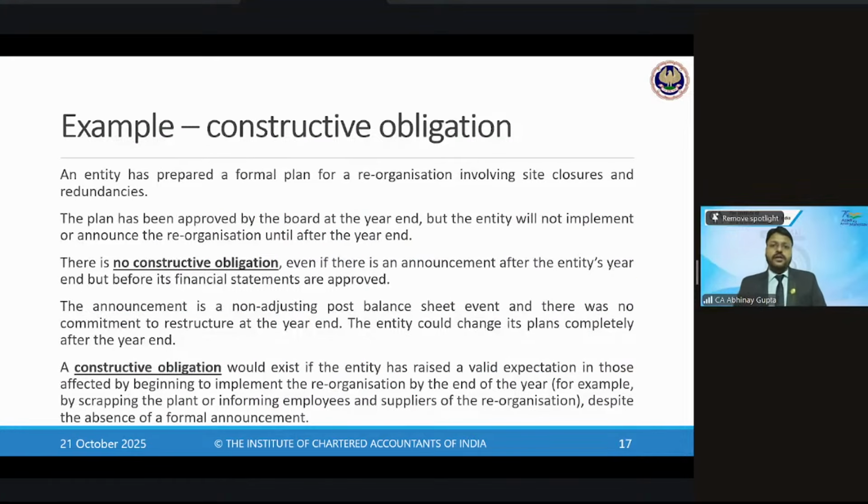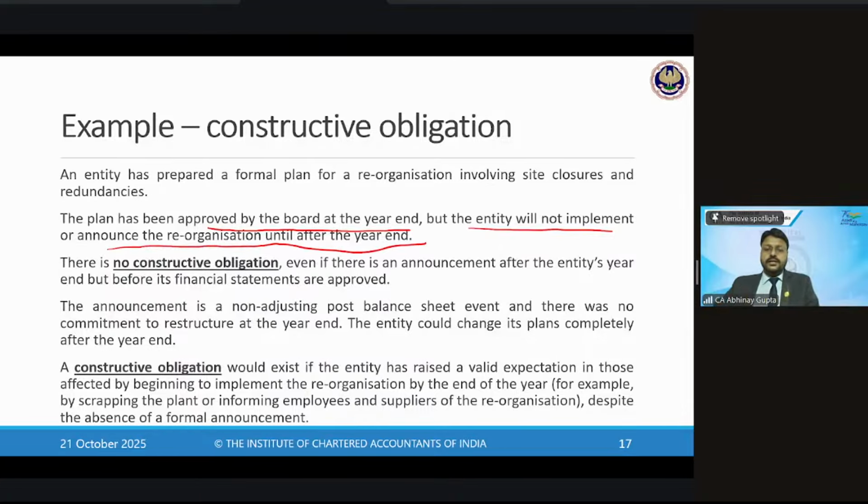An entity has prepared a formal plan for a reorganization involving site closures and redundancies. The plan has been approved by the board at the year end, but the entity will not implement or announce the reorganization until the year end is completed.